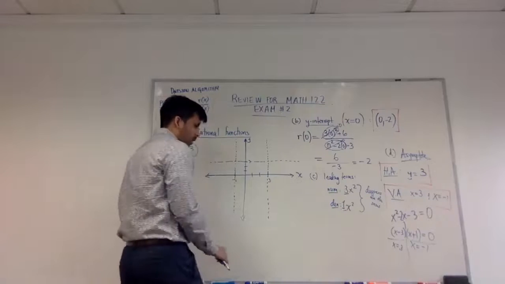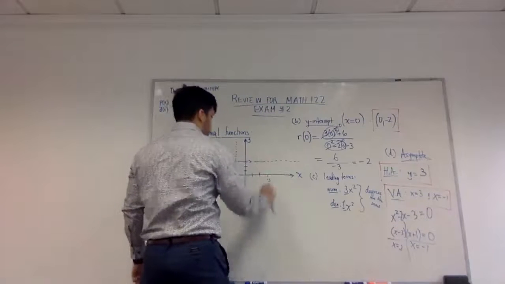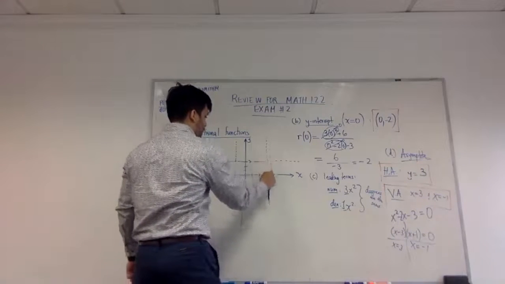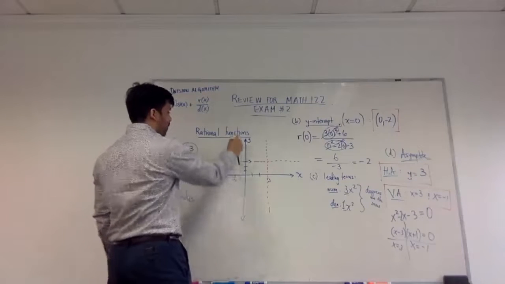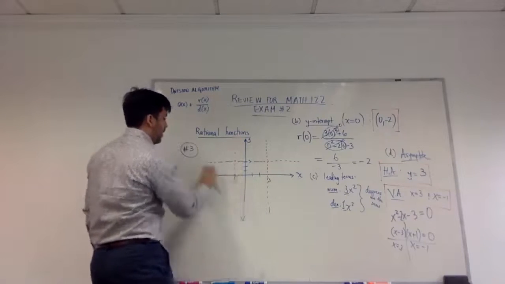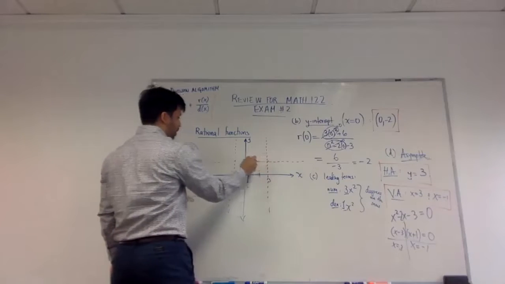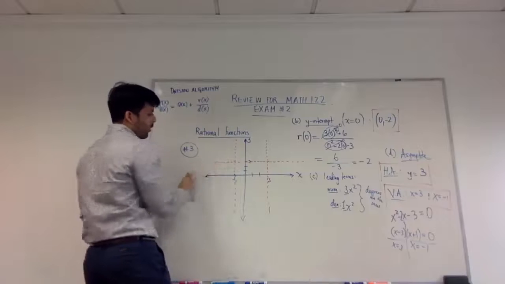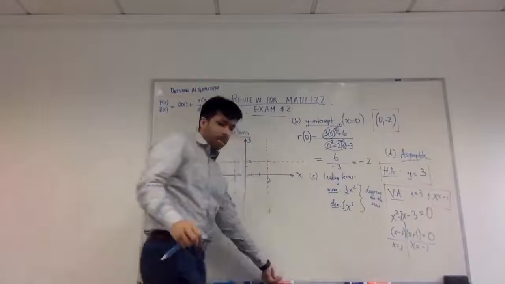Maybe I should have drawn this with another color so you can see. So these are my boundaries. I don't touch the vertical lines at all. Horizontal asymptotes can be crossed, but in the middle, not at the ends.